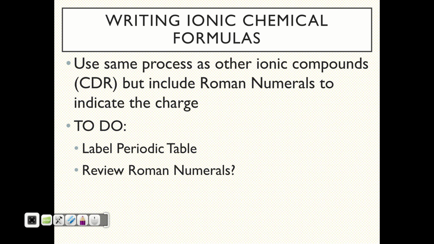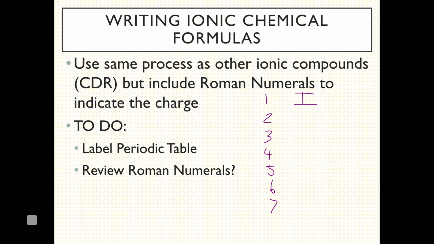So 1, 2, 3, 4, 5, 6, 7. Roman numeral 1 is I, 2 is II, 3 is III, 4 is IV, 1 before 5, 5 is V, 6 is VI, and then 7 is VII.